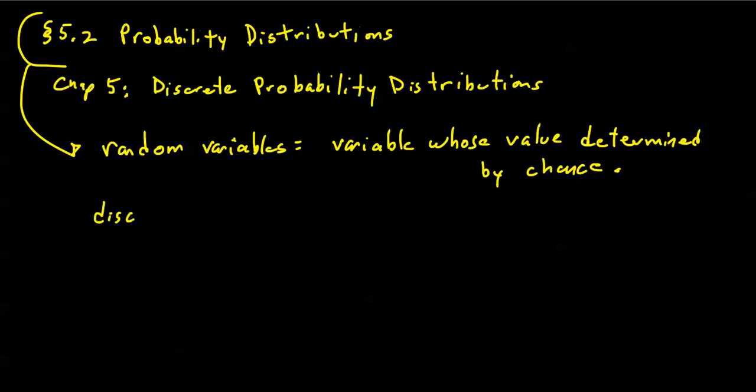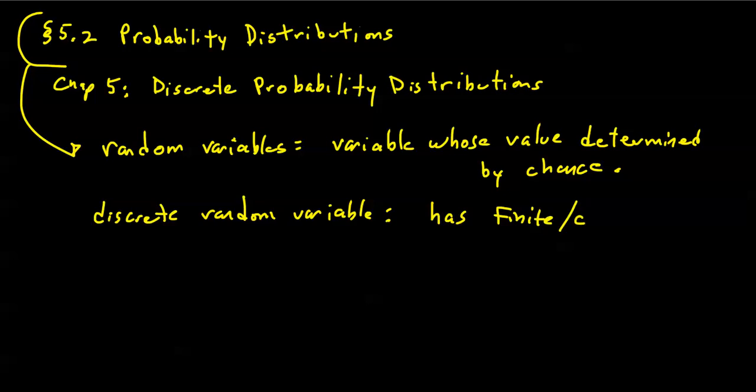A discrete random variable, well, it's a random variable that has a finite, or some say countable, number of possible values.